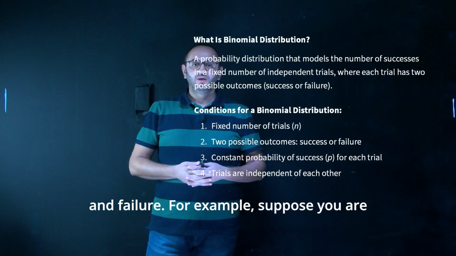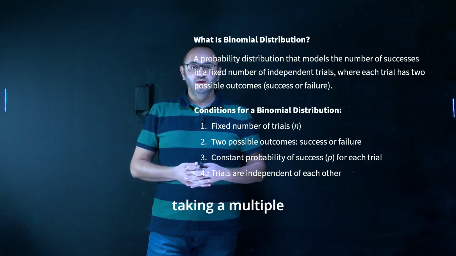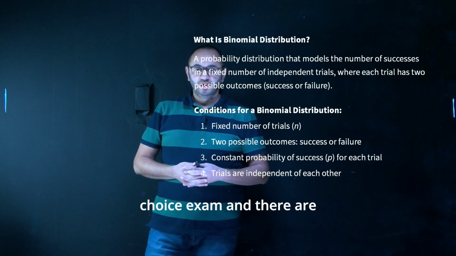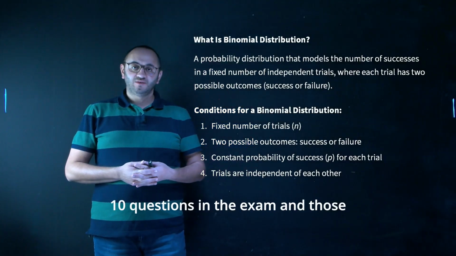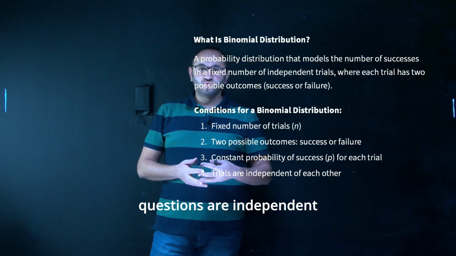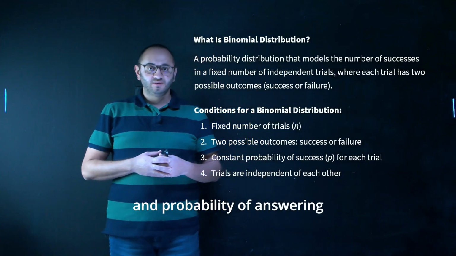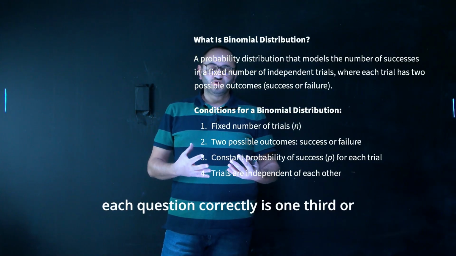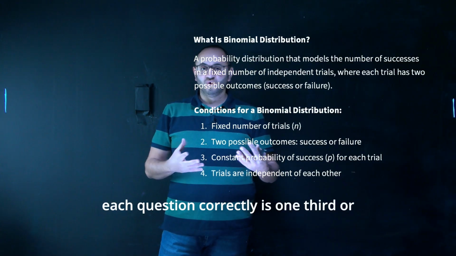suppose you are taking a multiple choice exam and there are 10 questions in the exam, and those questions are independent, and the probability of answering each question correctly is 1/3.